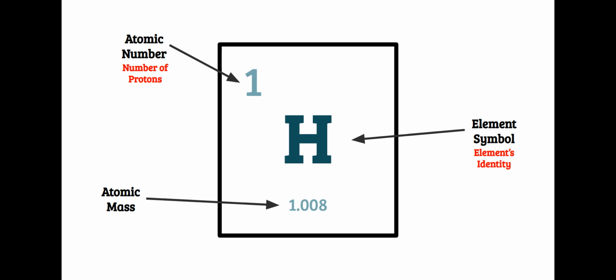And then atomic mass is the number of protons plus the number of neutrons, and it's the mass of an atom. So for example, hydrogen has 1 proton and 0 neutrons, so that's why its atomic mass is approximately 1.